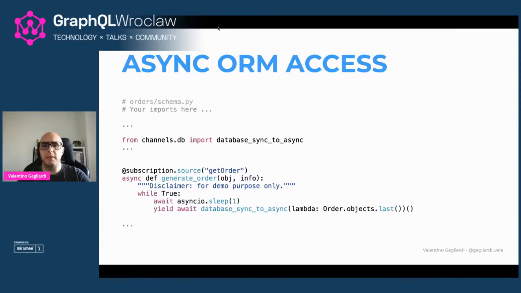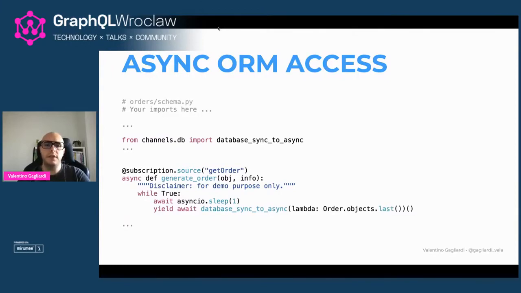Here, for this demo, I am returning the last order created in the database at any given time from a user who is buying something in our fictional shop. You call this function by passing in another function. I used a lambda function here for brevity, and you call this database_sync_to_async.